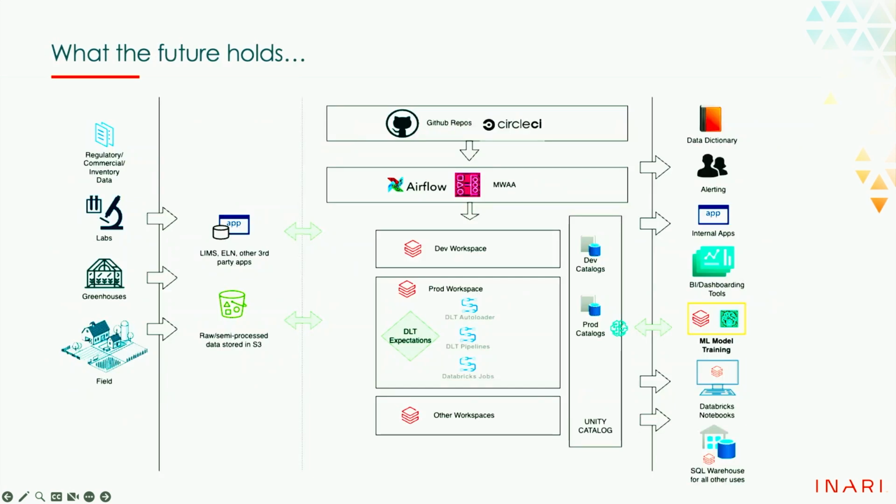We also have alerting where we can alert people through Slack, Microsoft Teams, but also through emails and other things. And then last but not the least, we have also begun some ML model training on this data. Now that it's in Unity, it can directly be used in ML training using MLflow directly on Databricks.